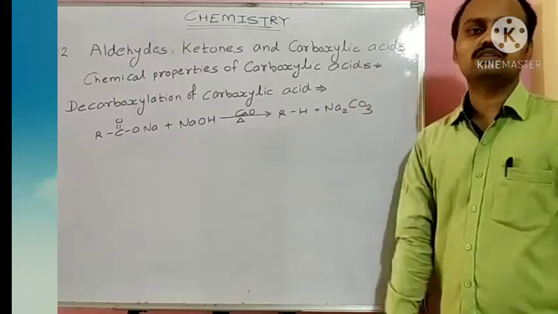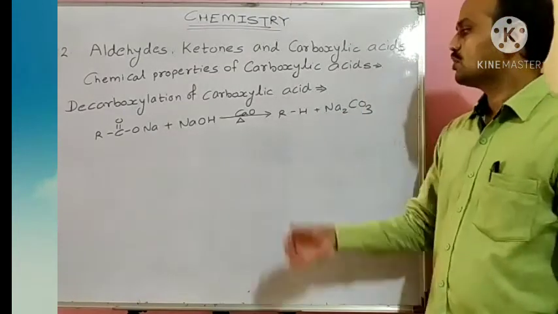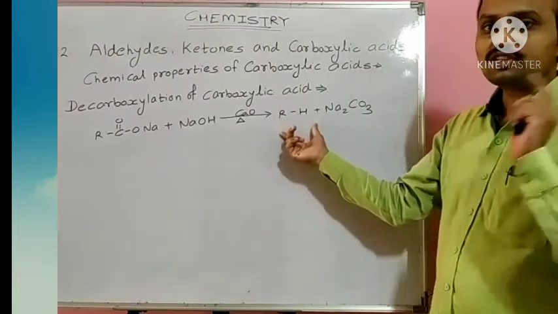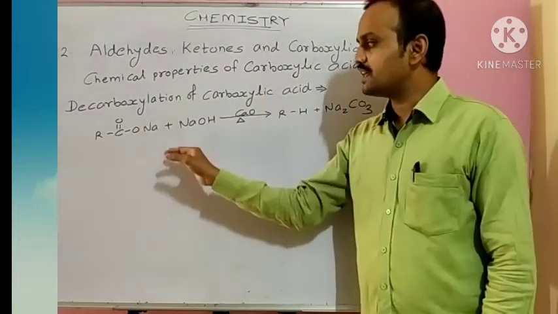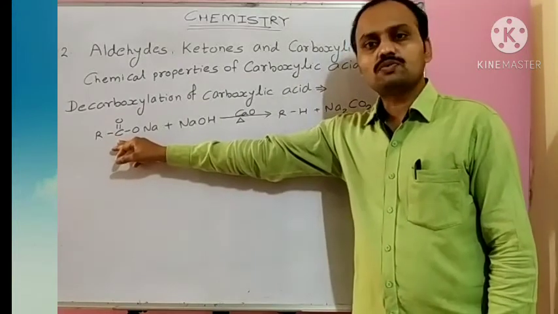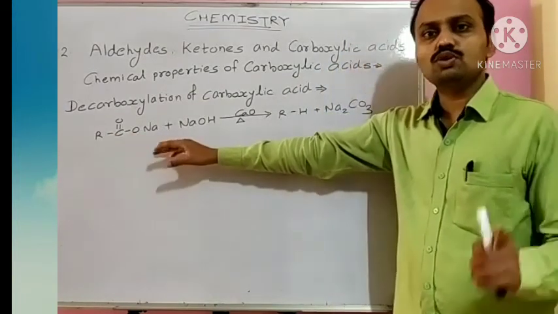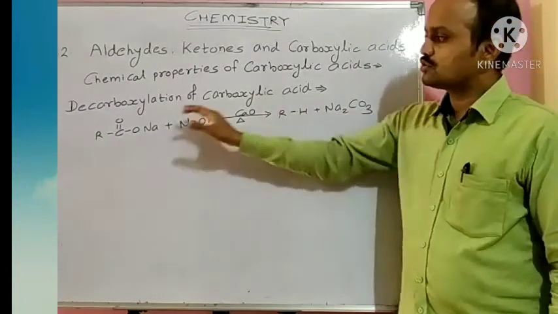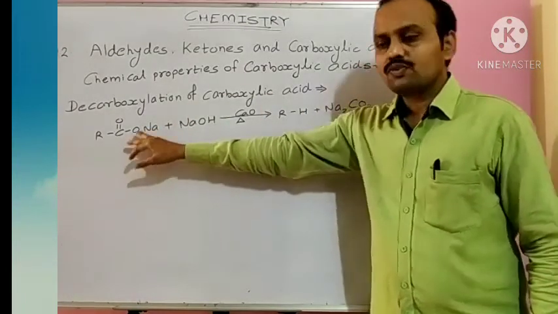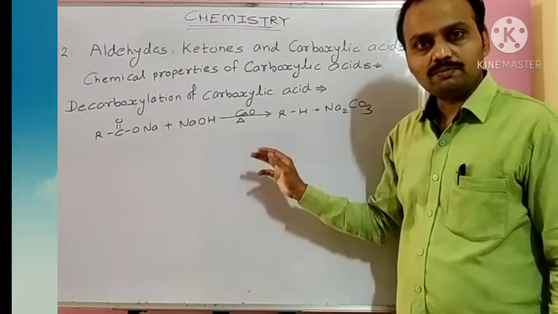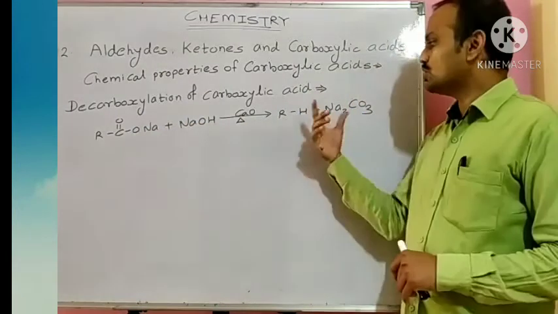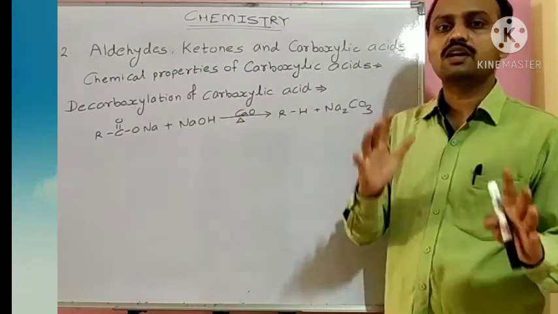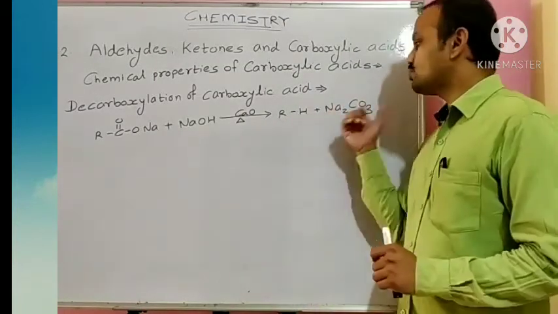One remarkable thing in this chemical reaction, students, whatever alkane we get in this chemical reaction contains one carbon atom less than our salt of carboxylic acid, because one carbon atom goes with sodium carbonate. So sodium salt of carboxylic acid reacts with soda lime in presence of heat to give corresponding alkane with one carbon atom less and sodium carbonate.